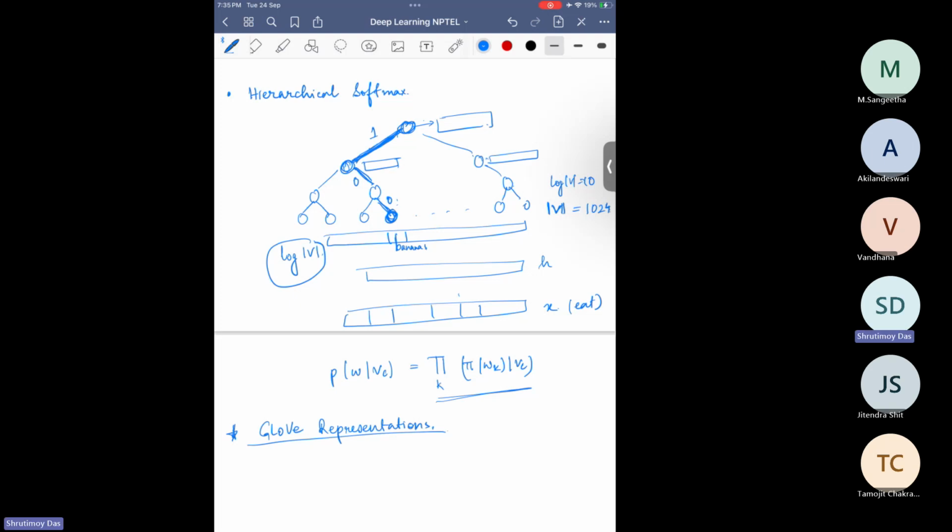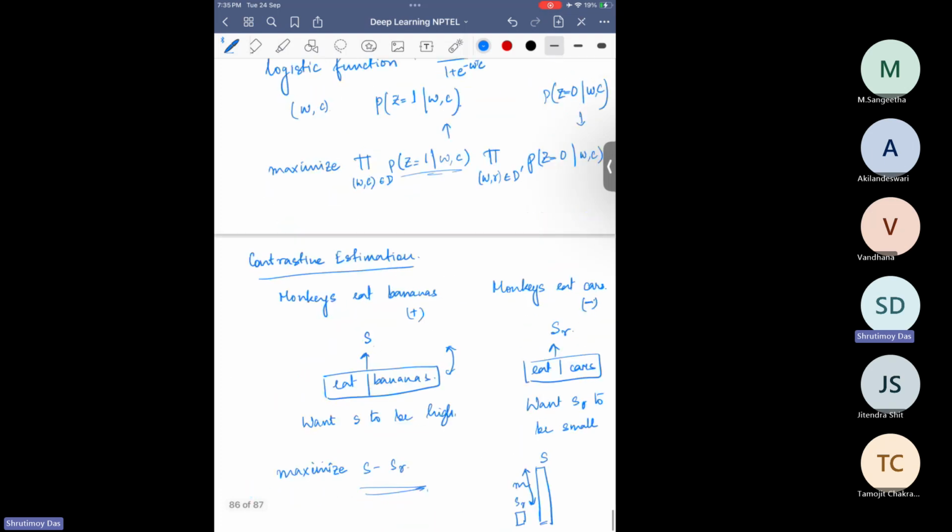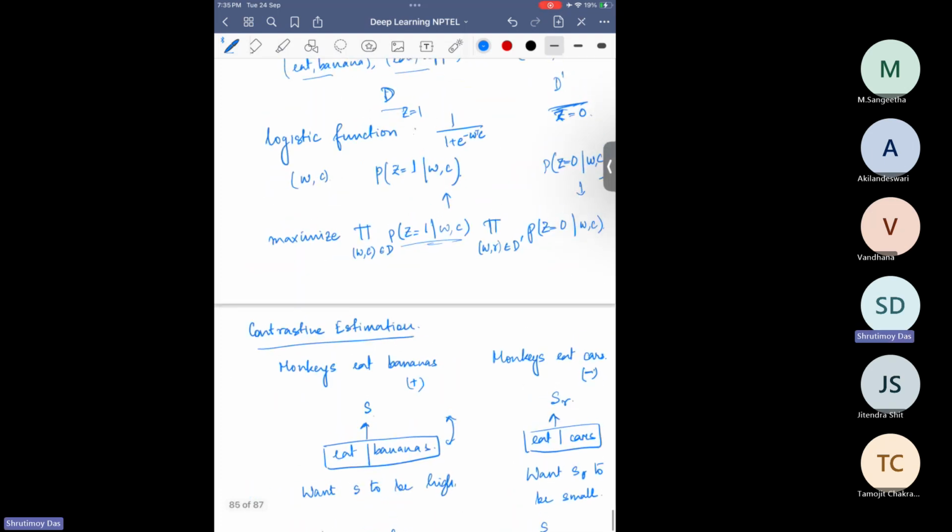So GloVe basically, earlier we looked at the SVD type methods, where we compute the co-occurrence matrix, then we compute the PPMI matrix, and then we do an SVD. Using this SVD, we get the word representations.